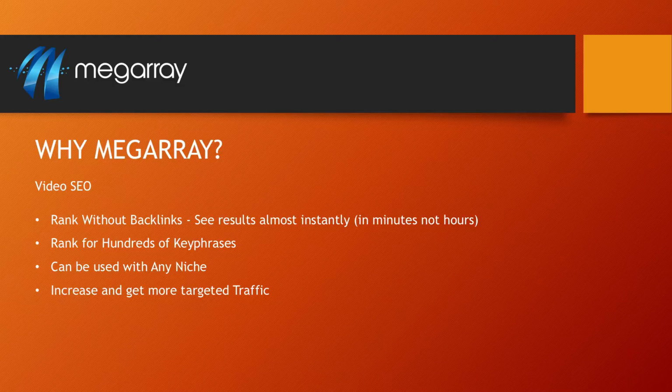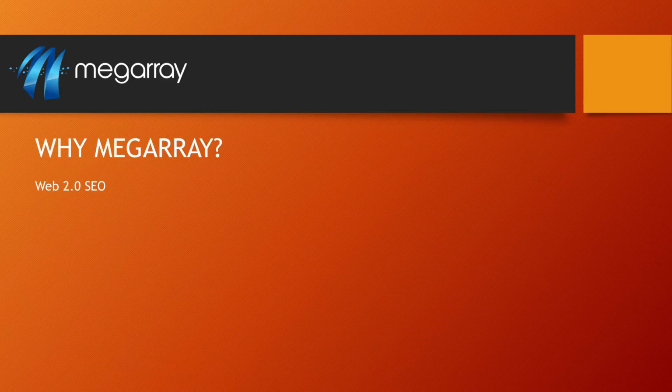When you're able to get all of these rankings so easily, it also increases your traffic and allows you to get even more targeted traffic, which increases sales and allows you to make more money. So you saw our easy-to-use city list builder, which makes it very simple for you to duplicate your campaigns and duplicate your rankings, or get a lot more rankings very easily, targeting a geographic area.